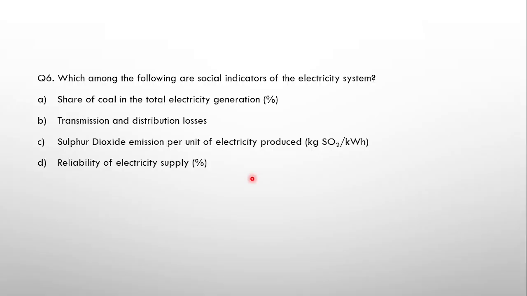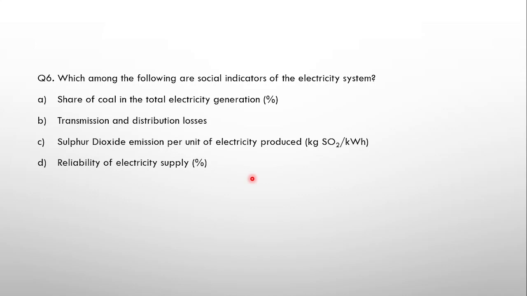So which of the following are social indicators? A is share of coal in the total electricity generation. Is that a social indicator? You need to think. B is transmission and distribution losses, which is also in percentage. C is sulfur dioxide emission per unit of electricity produced, or D, reliability of electricity supply.